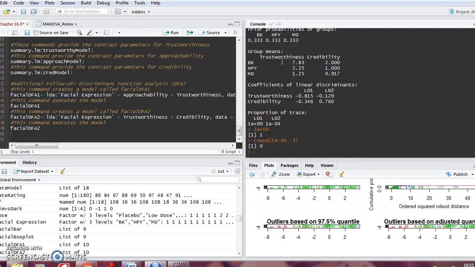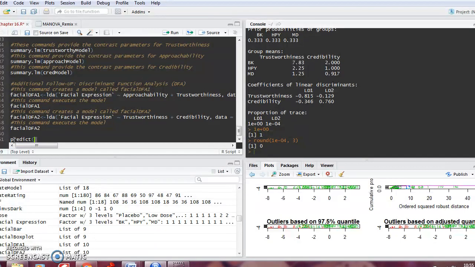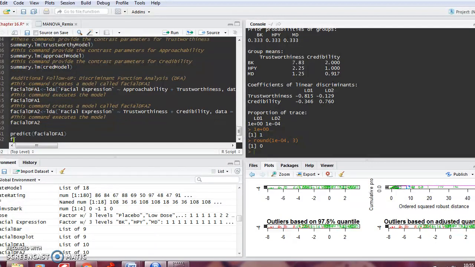The next thing we can do is look at the plot of discriminant scores for further follow-up. So, predict facial DFA1, predict facial DFA2. We're going to run both of these.